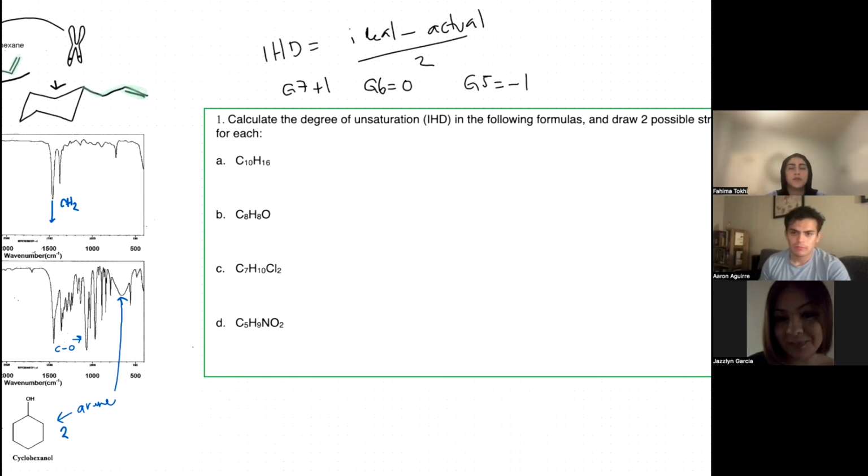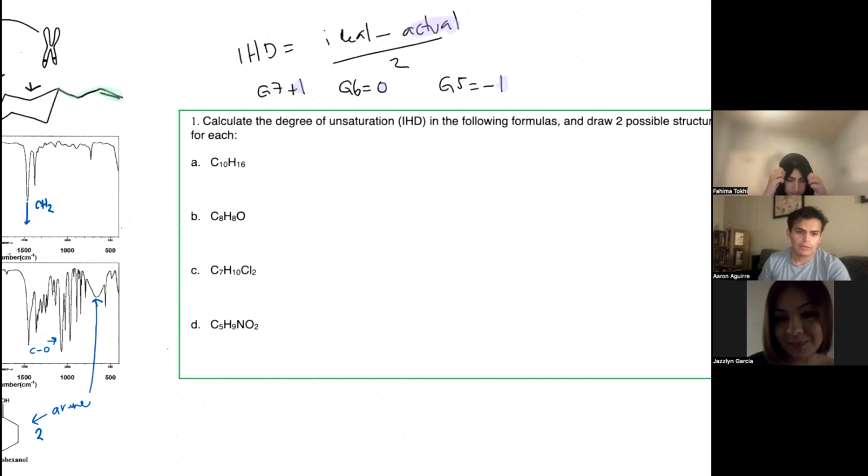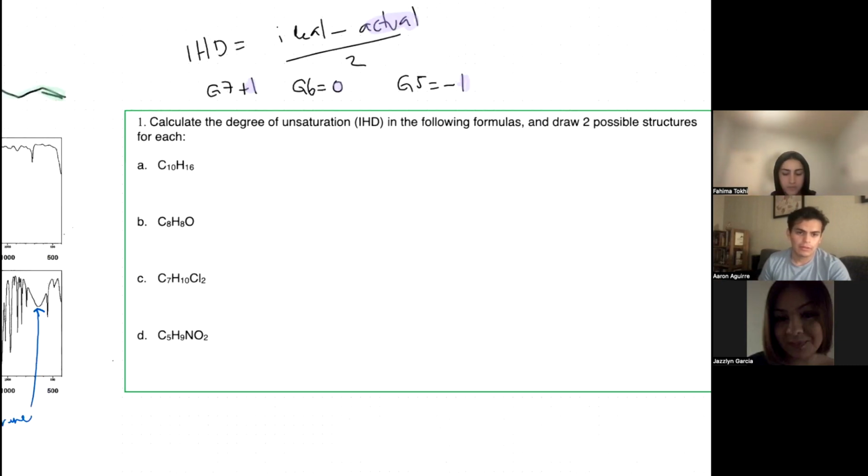Oh, you already started. I'm just drawing the basics. Oh, and don't forget the alkane formula is CnH2n+2. Okay, cool.